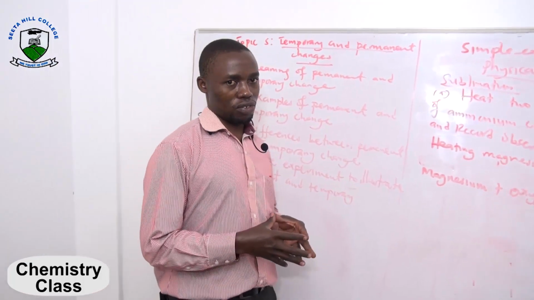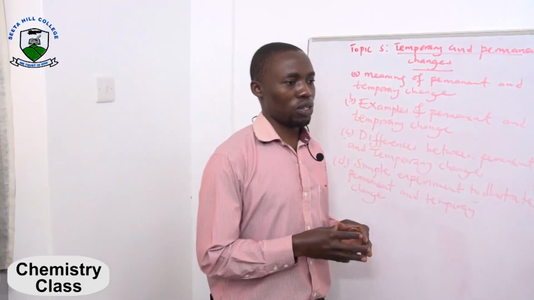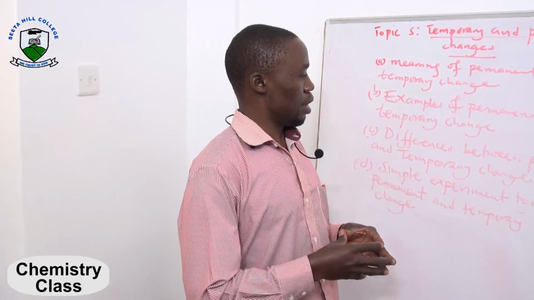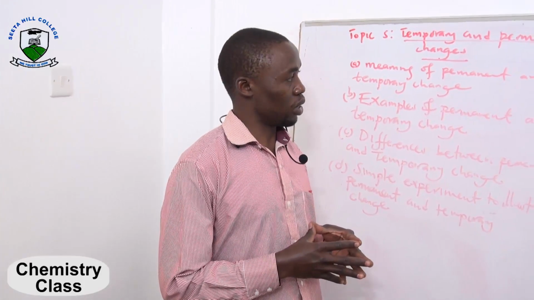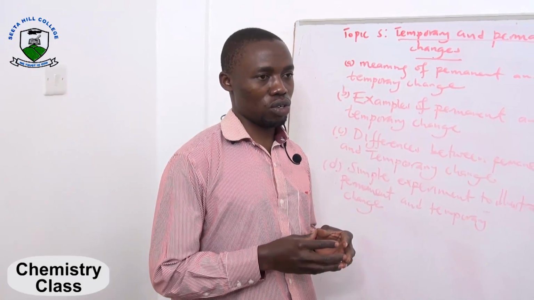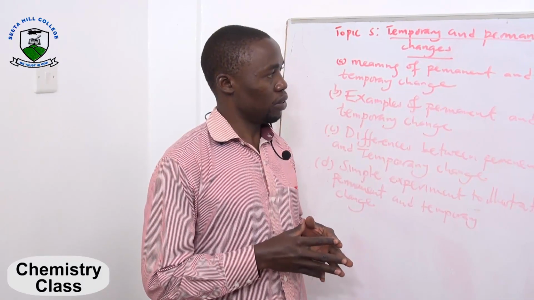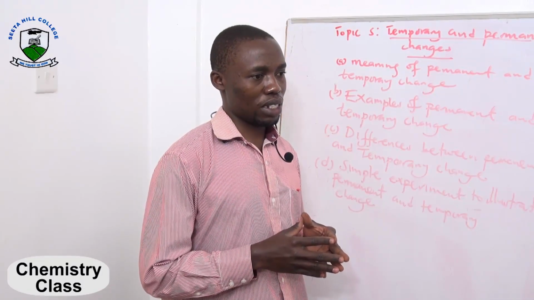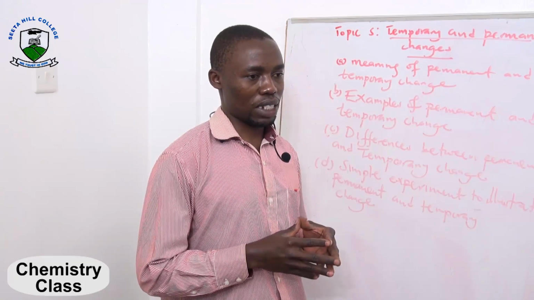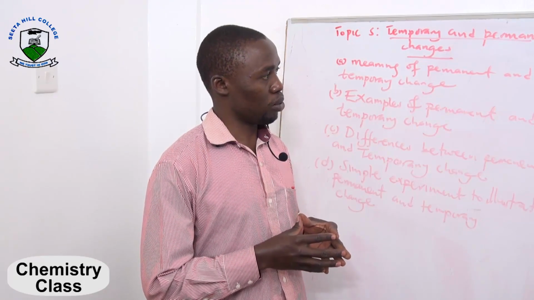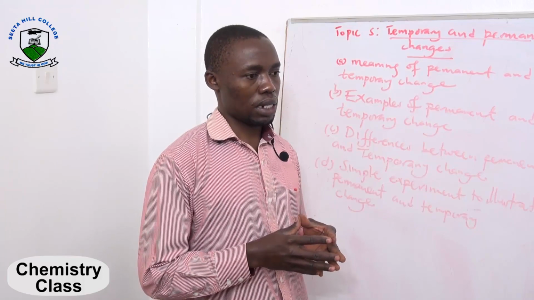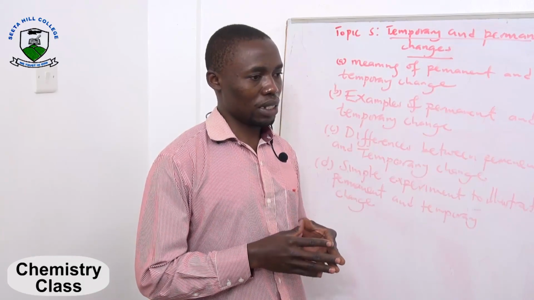Let me remind you of what we've been talking about. We first talked about the meaning of physical and chemical change, and we said the one is reversible, one is not reversible. We went through examples of physical and chemical changes.